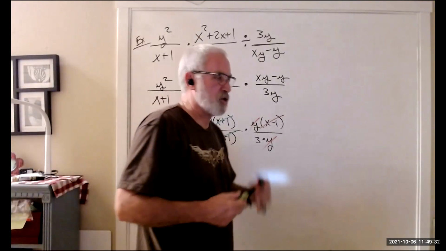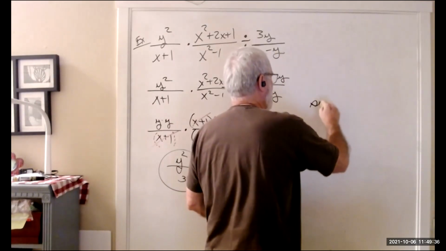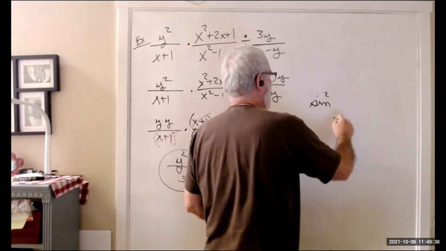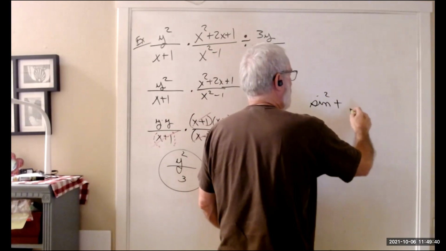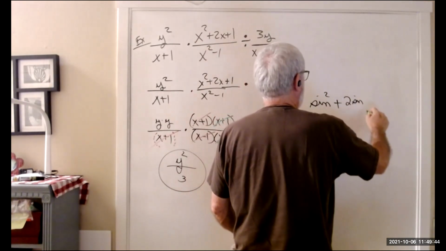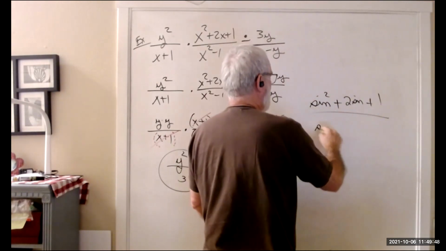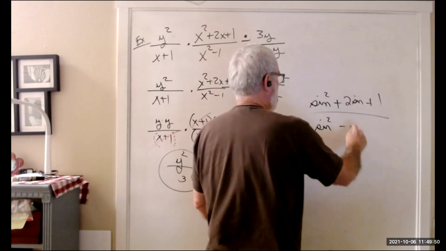Because you're going to get the same thing in trigonometry, but you're going to get something like sine squared plus 2 sine plus 1 over sine squared minus 1.